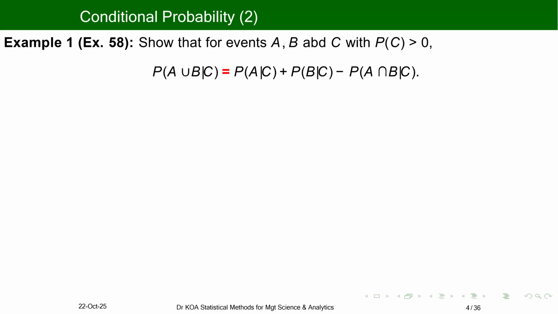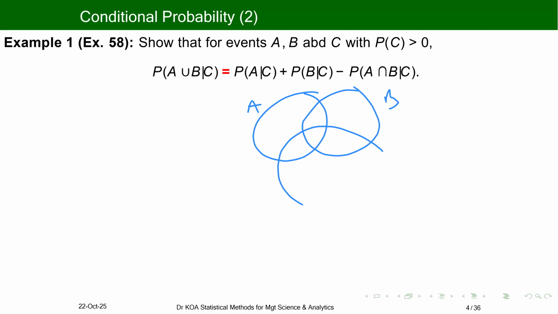If you were to draw a circle, A, B, and then C, 1, 2, 3, let me add 4, 5, 6.